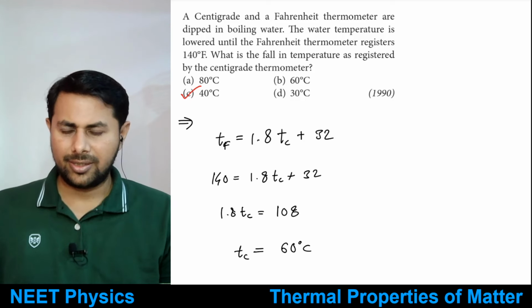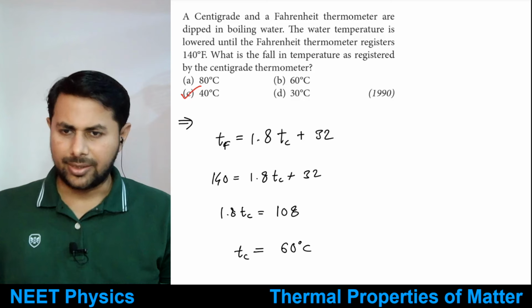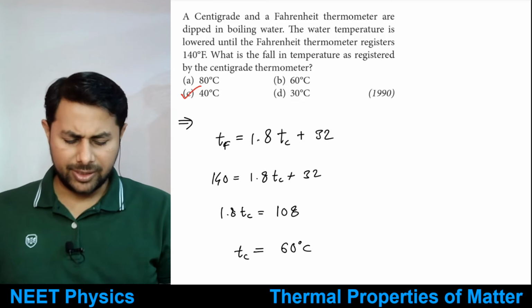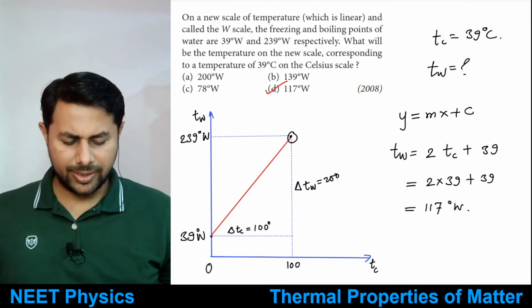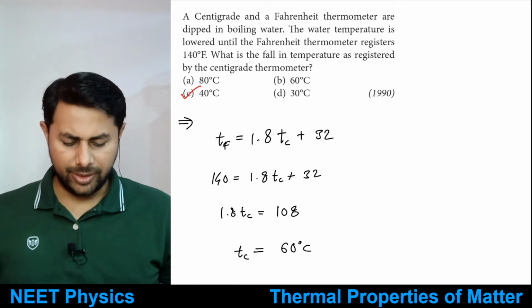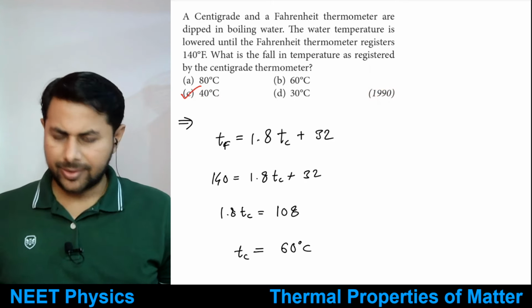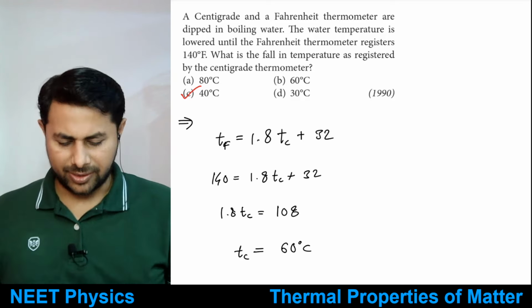Is this clear, everyone? Right. Okay, good. So there will be questions like this. They asked one question in 2008, I think. Very few questions are asked based on this, but that doesn't mean it's not in the syllabus, so there can be questions.